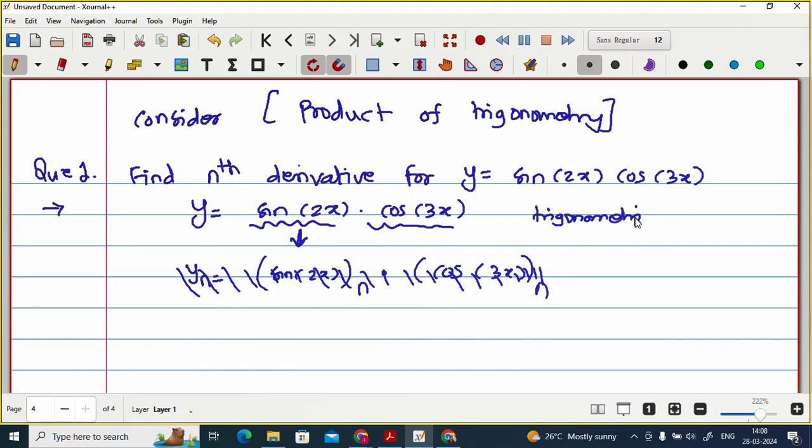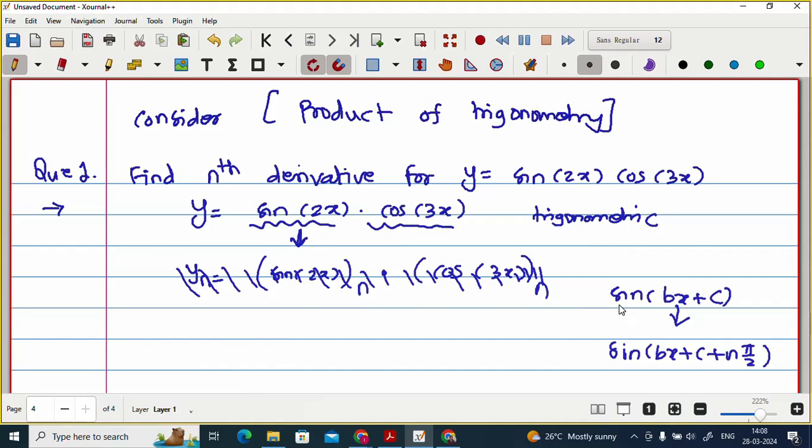Before applying the formula, we have the formula for the nth derivative of sin of bx plus c. As discussed previously in the table, its nth derivative is given by sin of bx plus c plus n pi by 2.